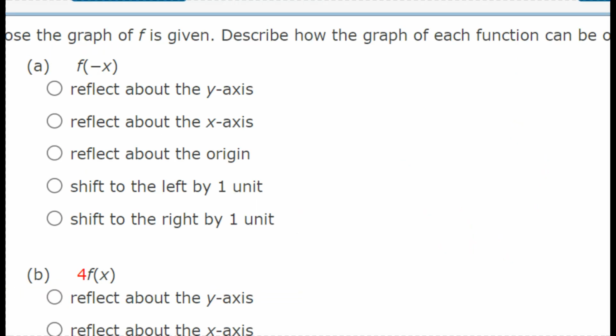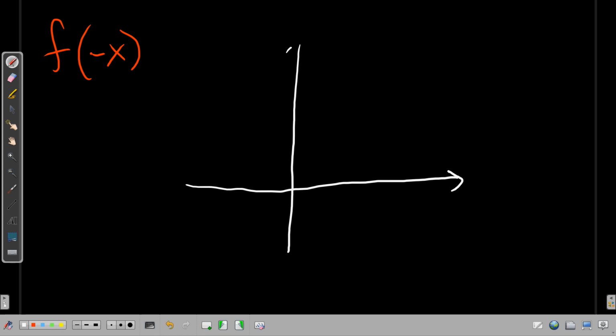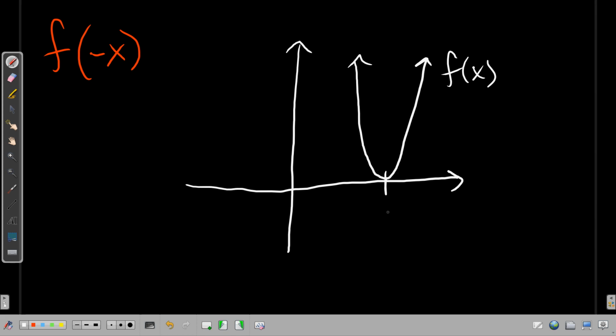Okay, so now they're talking about f of minus x. If we're talking about f of minus x, then all that's happening is we're attaching a minus symbol to the x values. So maybe I have a curve, maybe this right here is f of x, and perhaps that right there is, I don't know, a.